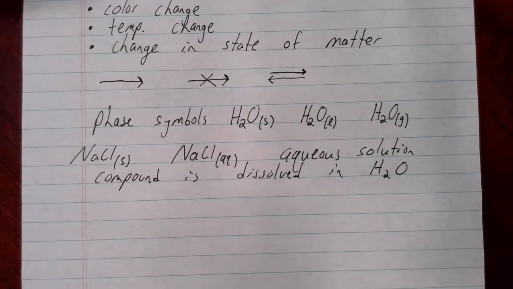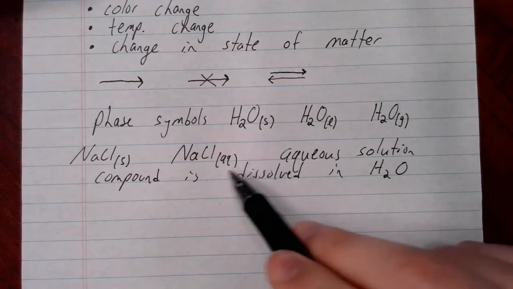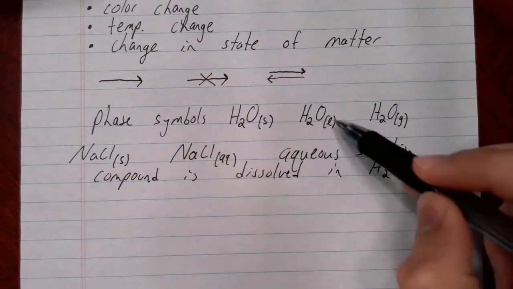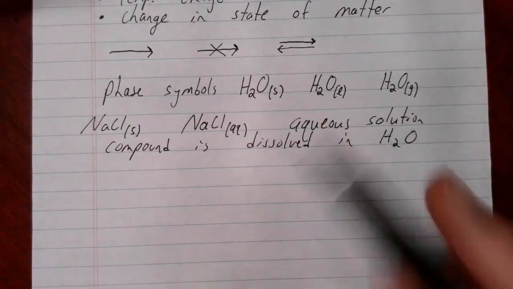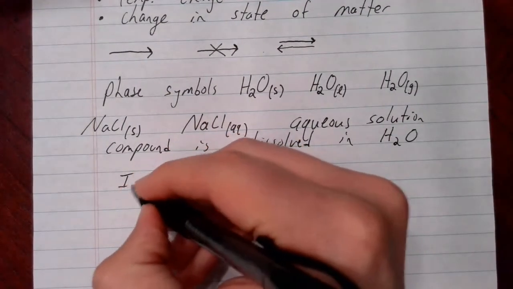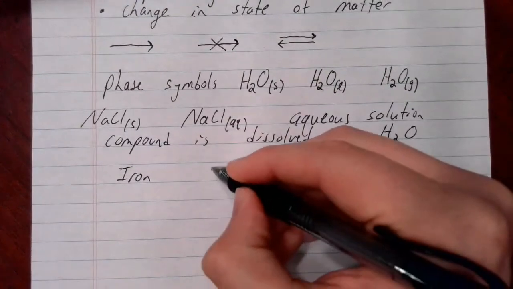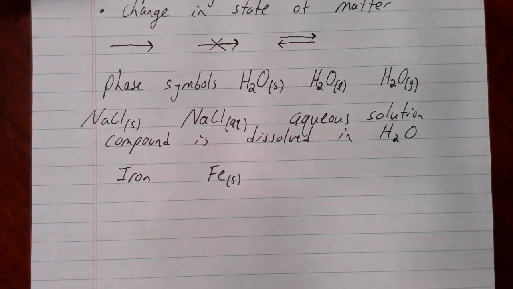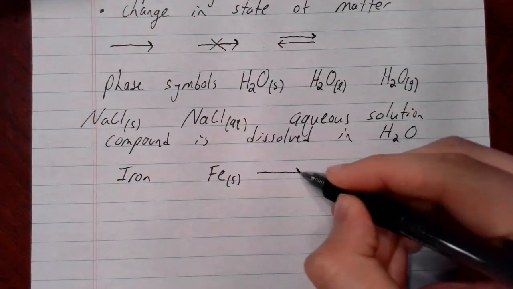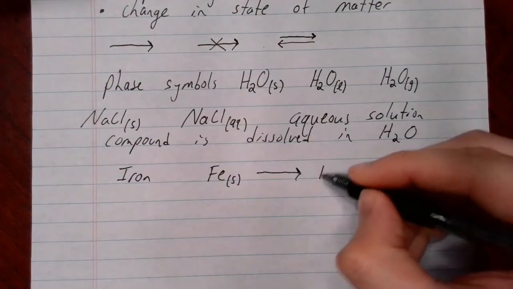Okay, let's think about the difference in AQ aqueous versus L liquid. Okay, so let's just think about iron, for example. Okay. So I could have Fe solid. Okay. So if I heat up that iron, it's going to melt.